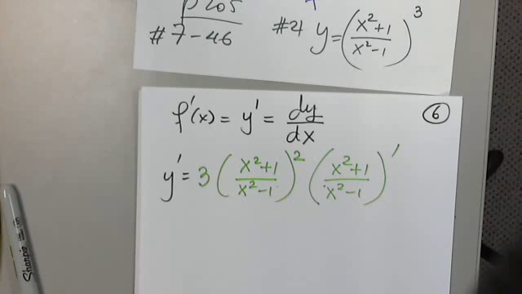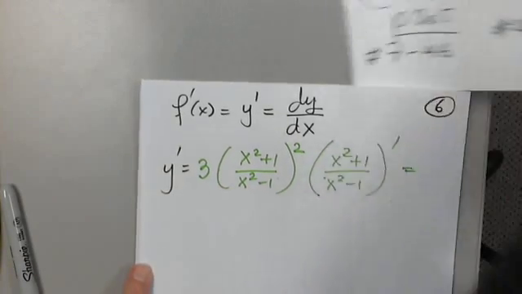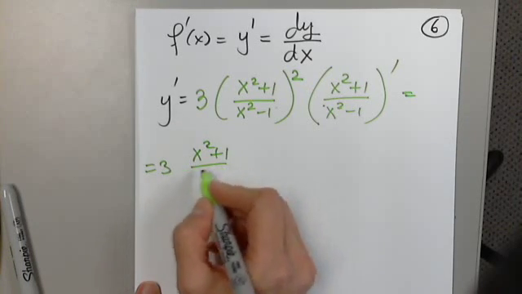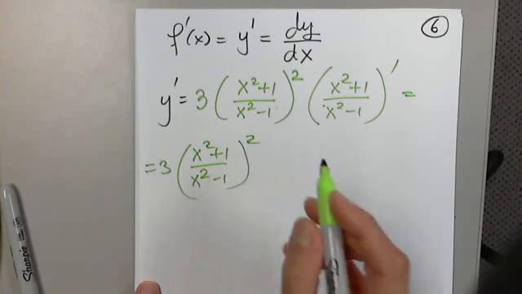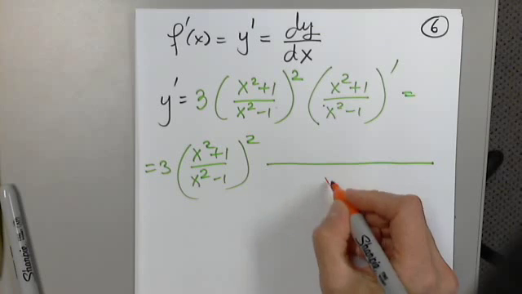So now this is no longer the chain rule. This piece. What is it? The derivative of a quotient or ratio. Very good. So we carry these two along. We cannot change anything. So I copy 3. I copy x squared plus 1 over x squared minus 1 squared. And now I remember how to find the derivative of a quotient. Let's start with the denominator because that has nothing to do with anything really.